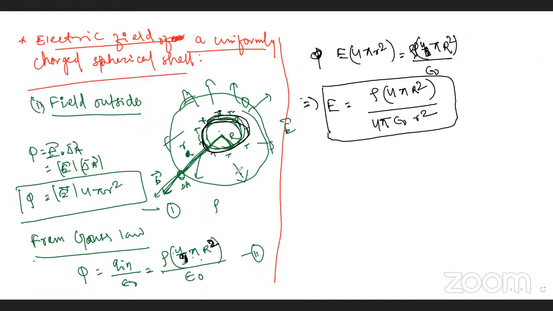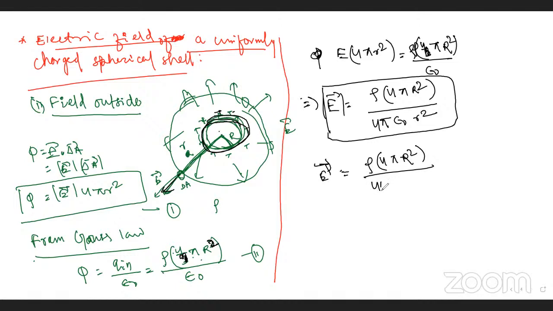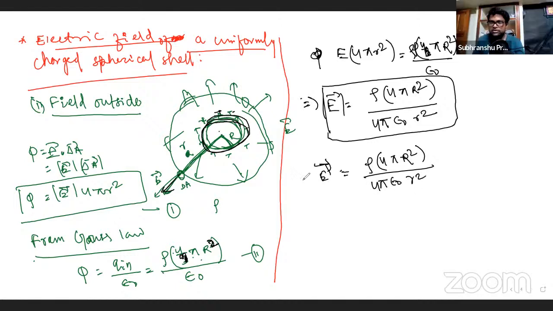So if we find the electric field outside, this is the expression, and this is the magnitude. If you want to write it in vector form, simply n cap will come, the direction perpendicular to the sphere. So in vector form, rho 4 pi r square divided by 4 pi r square n cap.